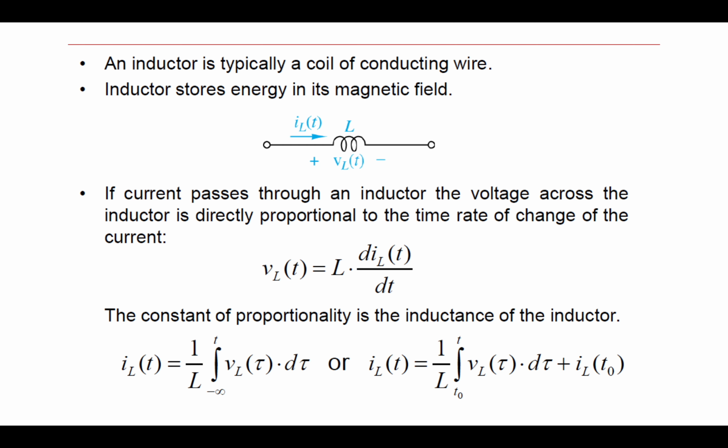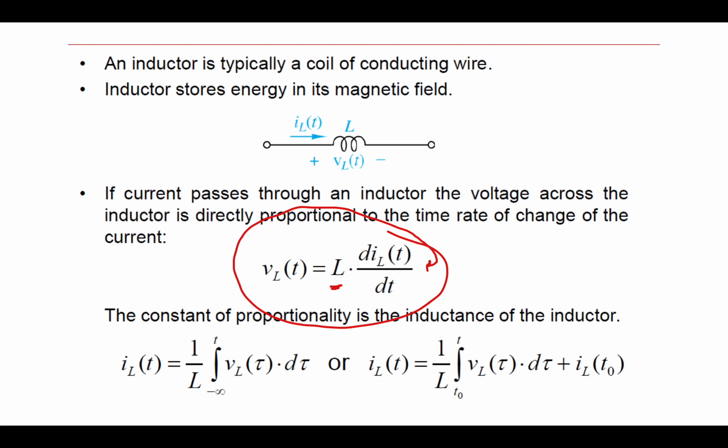And for the inductor, we have this relationship, that is VL equals L, the inductance, times the derivative of the current with respect to time t.